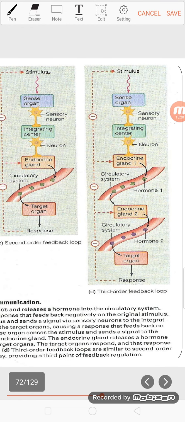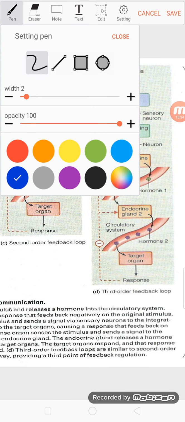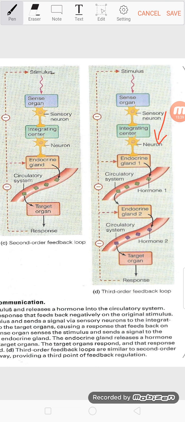Okay. There is a stimulus, it will stimulate the hypothalamus. Hypothalamus will secrete the neurohormones. Then these neurohormones will cause the first endocrine gland, which is the anterior pituitary, to secrete hormone 1.